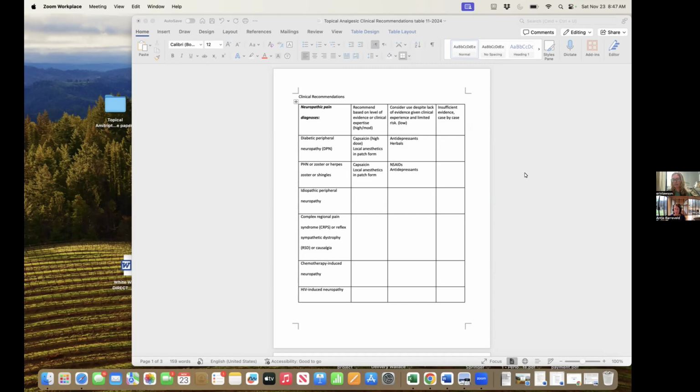Excellent. I would add to that, it's kind of, this is what I would use as someone in primary care medicine, for instance, where a patient comes to me and they have post-herpetic neuralgia and they don't know what, and the patient says, I would like to use a topical analgesic. So how do we help people to have that information from our expert panel, again, based on the literature as well as our clinical expertise?